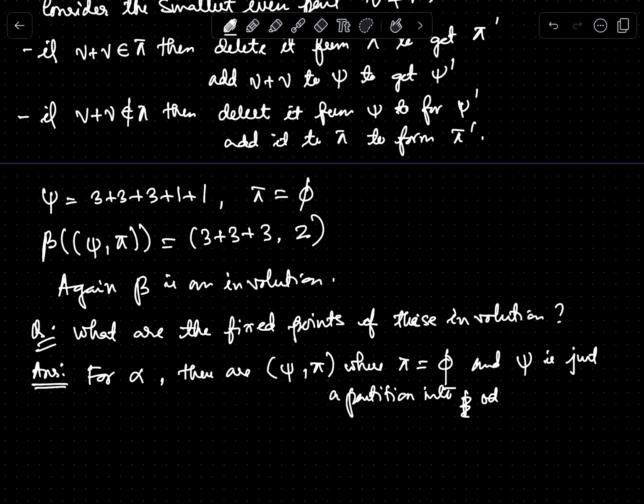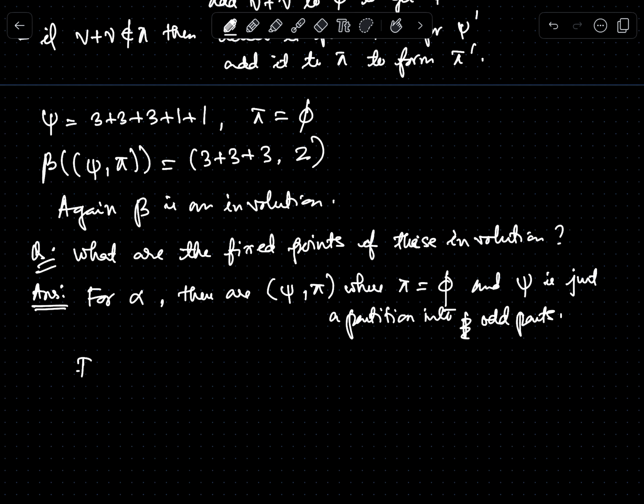Because if you apply alpha to these kind of partitions, there is no even part, so you are basically not changing anything, so you just get back the same thing, right? And for beta, these will be exactly those psi and pi where pi is again the empty partition and psi is a partition into distinct parts.